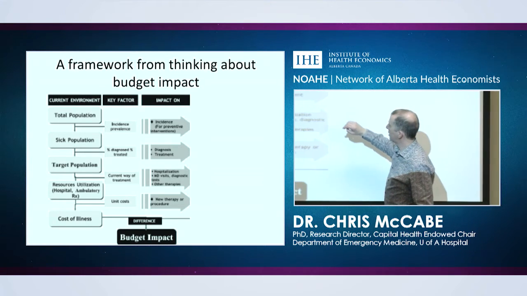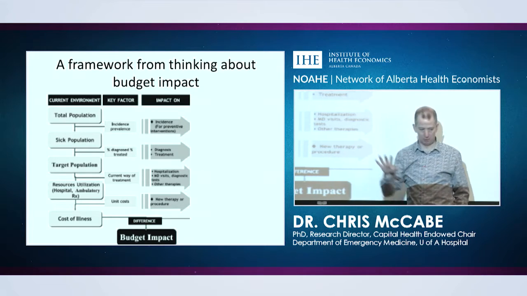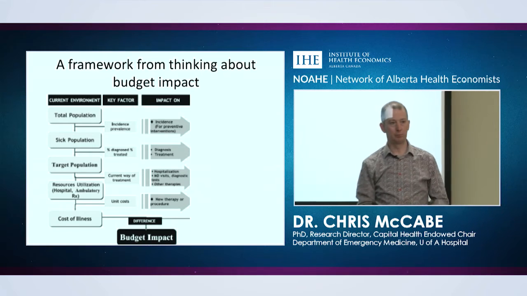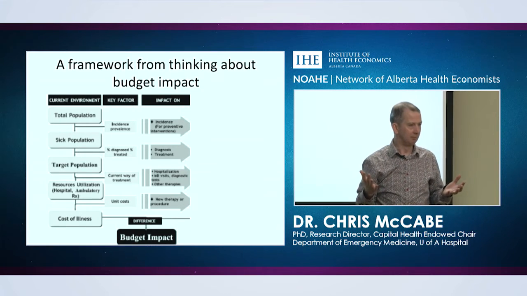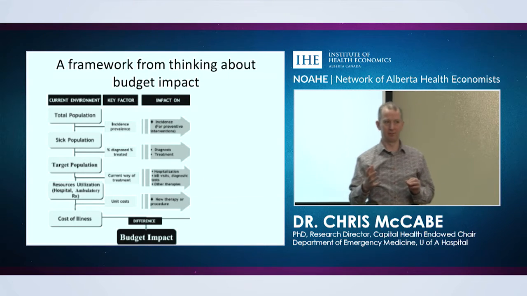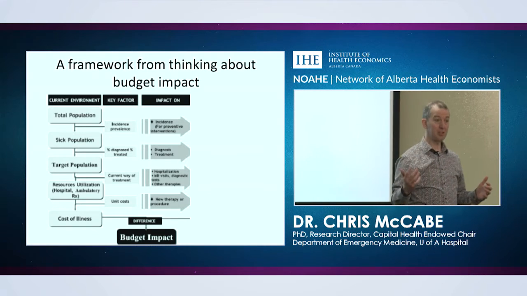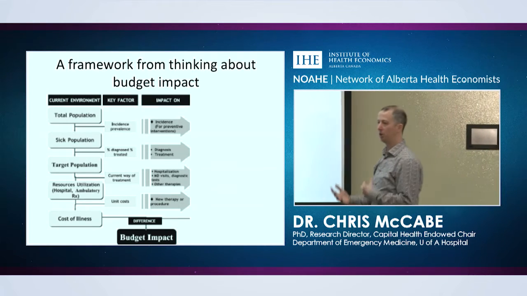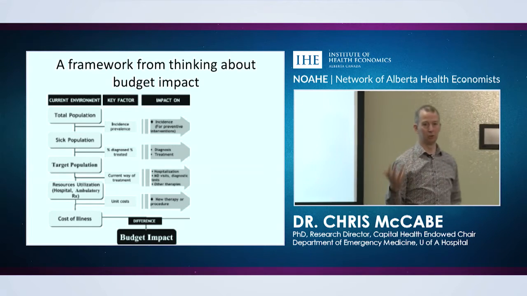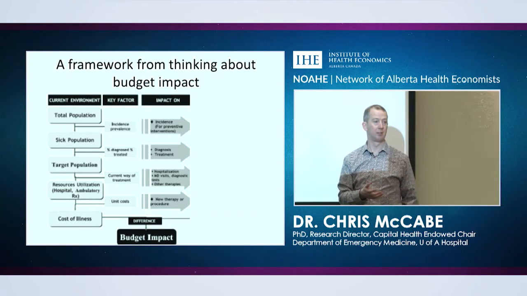Then we need to understand whether we change the diagnosis and treatment. Again, let's use Hep C as an example. We used to have just Hep C. But now we have, I think, six genotypes. So that's, again, a different test that we now need to do, because not all of the new oral Hep C drugs are licensed for all genotypes.